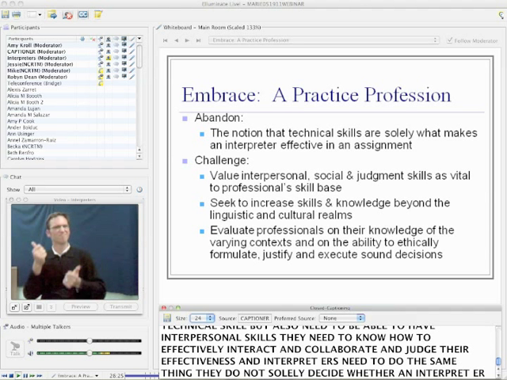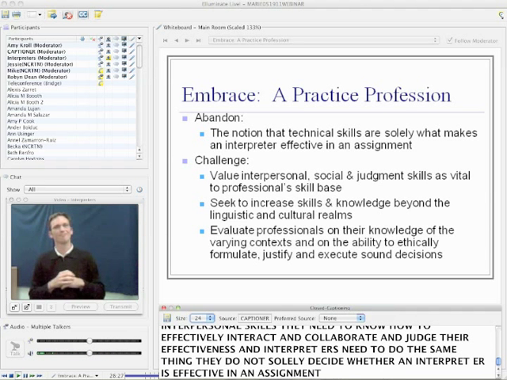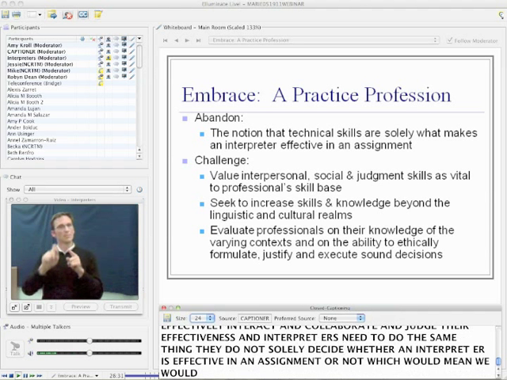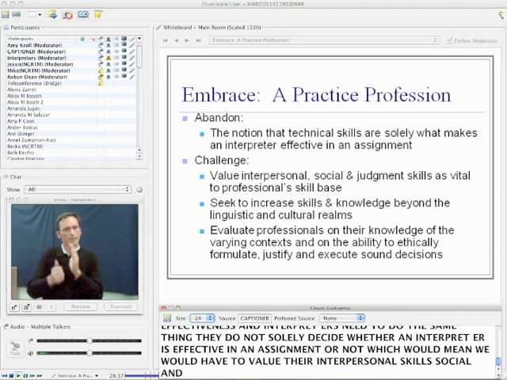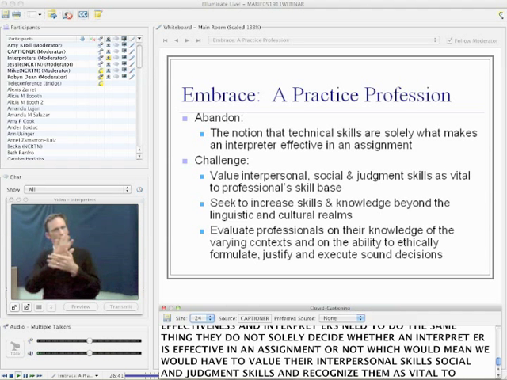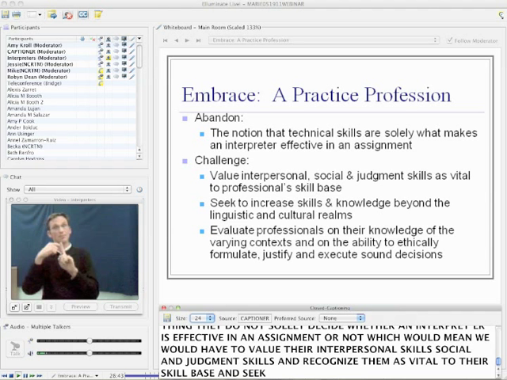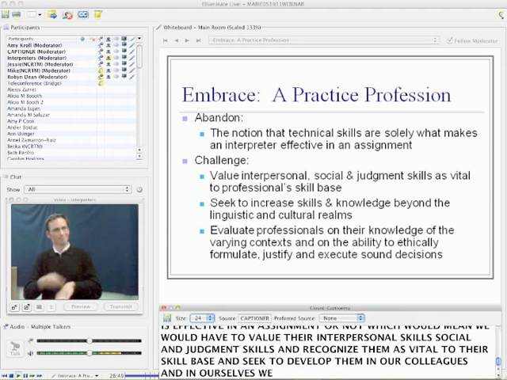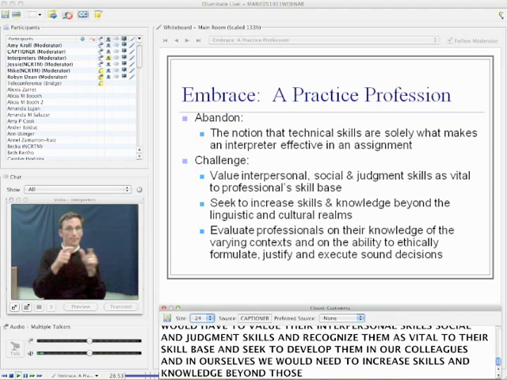Which would mean that as a profession, we would have to value interpreters based on things other than their technical skills. We would have to value their interpersonal skills, their social and judgment skills, and recognize them as vital to their skill base and seek to develop them in our colleagues and in ourselves. We would need to increase skills and knowledge beyond those of the technical skills, the linguistic and cultural realms.